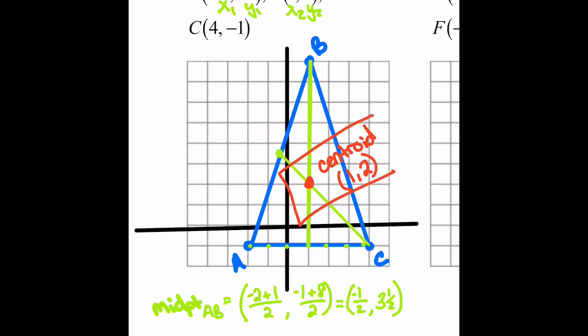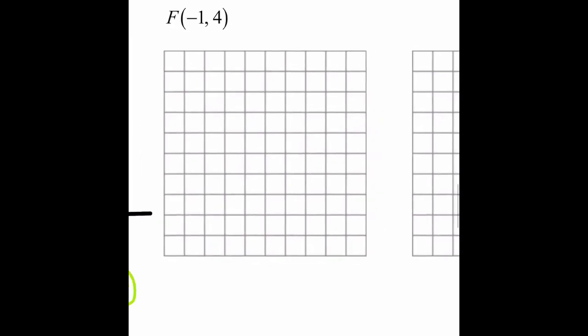I'll write my final answer as centroid 1, 2. So, in essence, when you're creating a centroid, you find the midpoints of your sides and connect them to the opposite vertex.